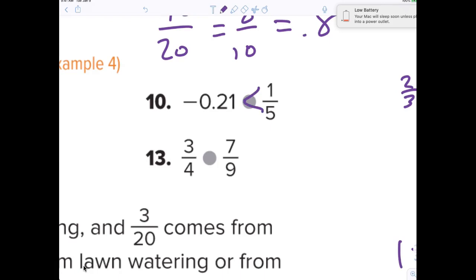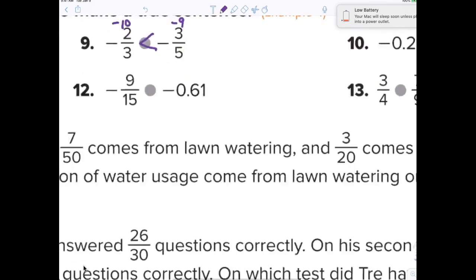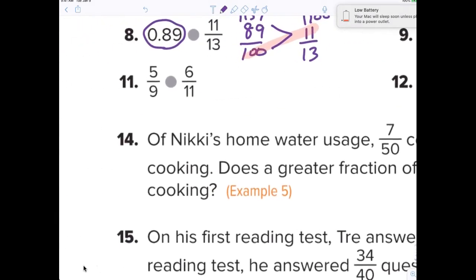Everybody good on that explanation? All right, so let's check out number 11. Cross multiply, the top is what? The first fraction would be 55. The second fraction would be 54. So it is greater than. Thank you. I kind of like that. That wasn't that hard. Did I agree? Very good.